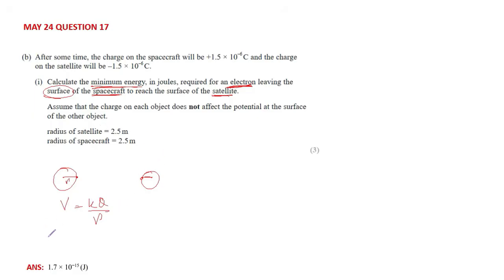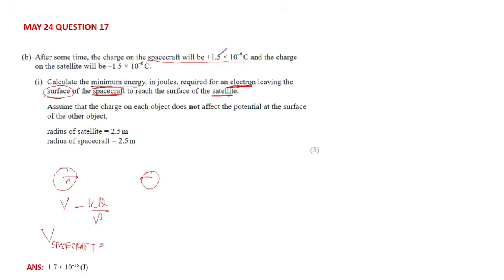So the value for V for spacecraft, just plug in the values. You know the value of k, 8.99 times 10 to the power 9. You know the value of Q. Spacecraft has a positive charge.